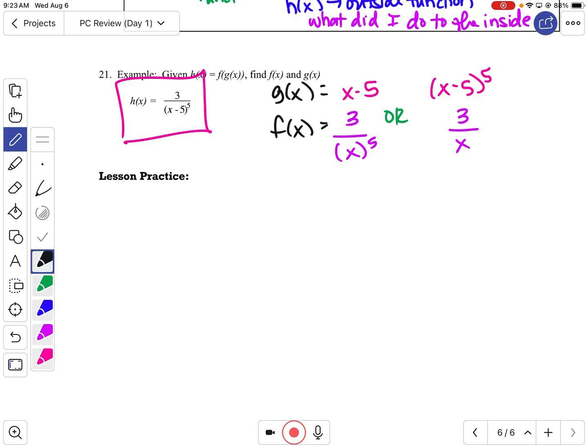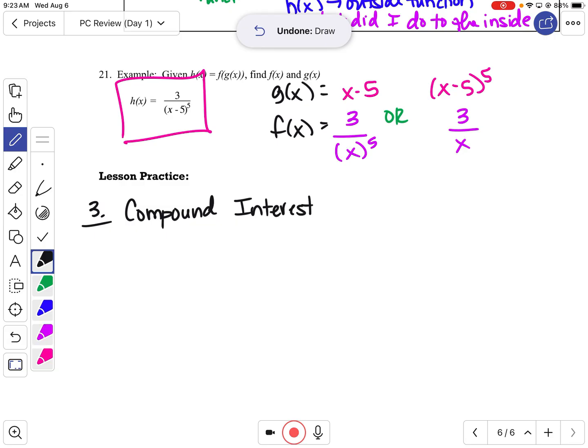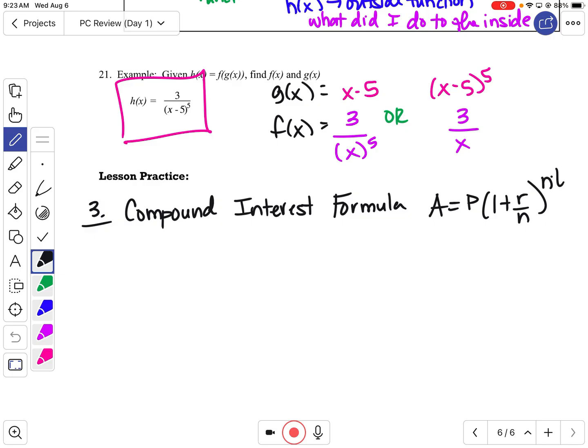Here's the hint for number 3, the compound interest formula. That's A equals P times 1 plus R over N, to the NT power.